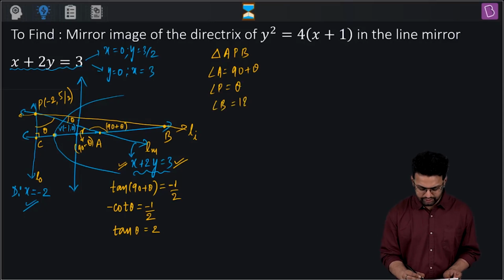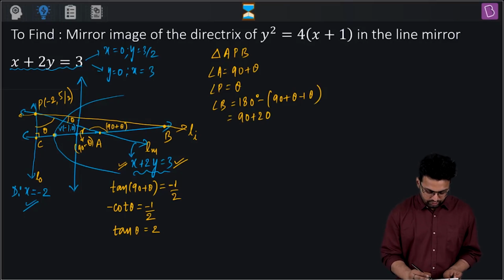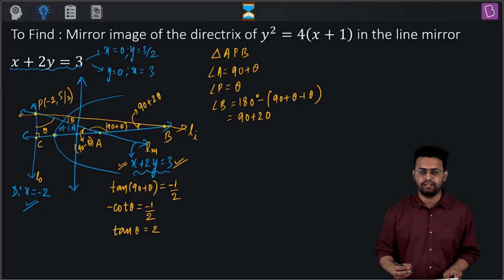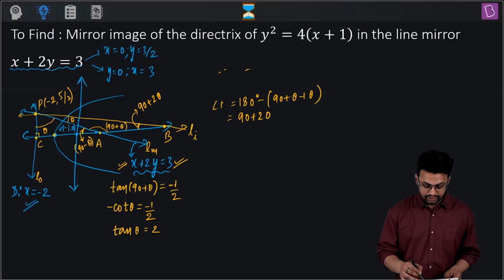Yes, it is going to be 180 degrees minus 90 plus theta, which will give me 90 plus 2 theta. So this particular angle is 90 degrees plus 2 theta. When I'm writing 90, it means 90 degrees. Okay. So that means angle PBA is 90 degrees.